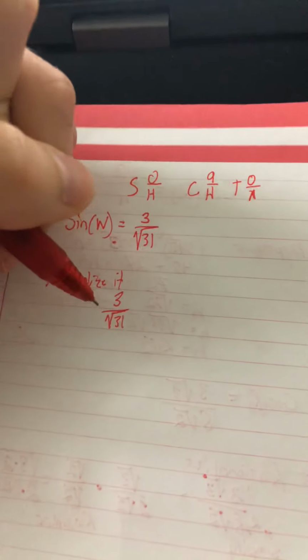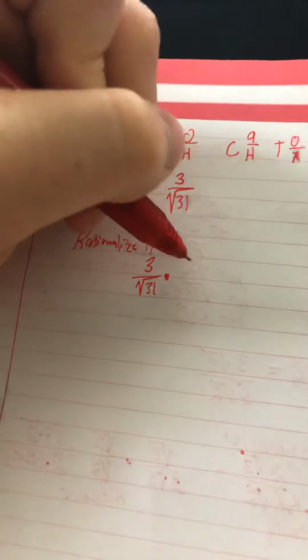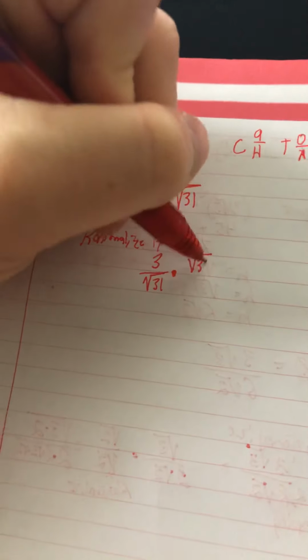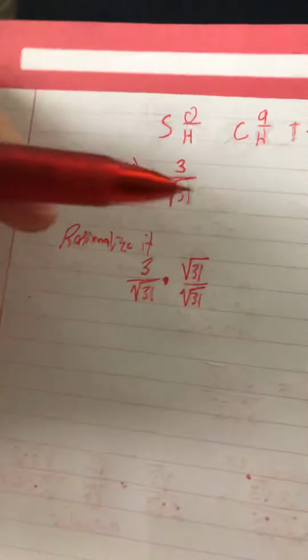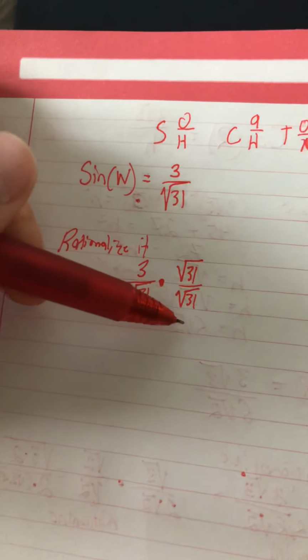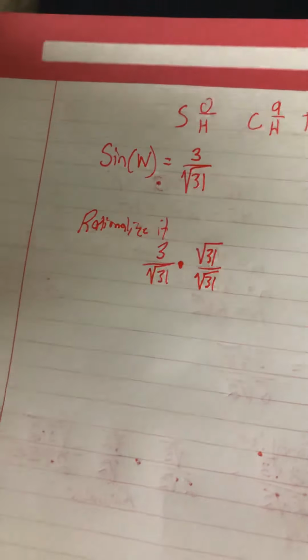We're going to multiply it by a fraction that is some number over itself, so we're basically multiplying by 1. So to get rid of this radical, we're going to multiply it by the square root of 31 over the square root of 31. Square root of 31 over square root of 31 equals 1, so it's still going to be the same exact answer, and it will get rid of this radical.